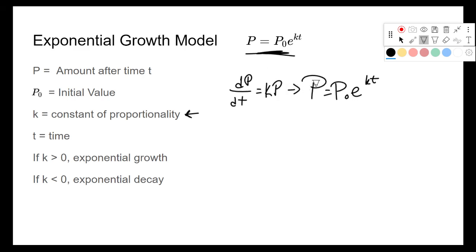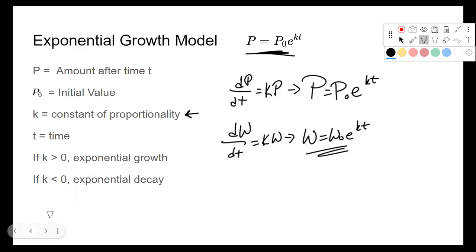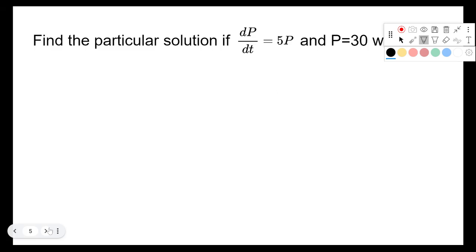You can just assume that that's true. So if I say dW/dt is equal to kW, then you know automatically W equals W naught e to the kt. That's the equation that you would get if you solved it. And that would be the equation you'd use to work out your problem, whatever it may be. That's the first major thing you need to be able to understand here.